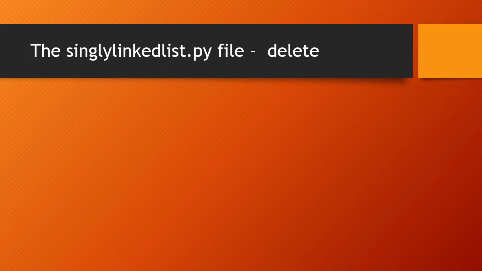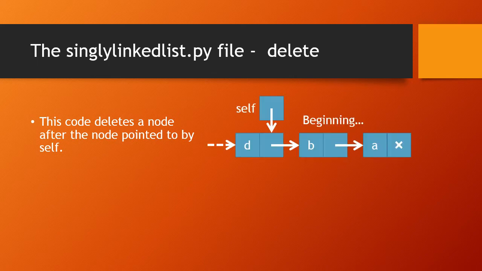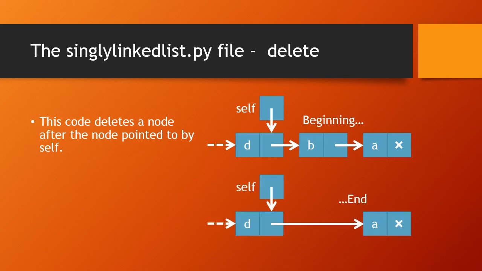In the delete function, you saw that it deletes a node after the node pointed to by self. So the pointer self was at the node containing D, and this was the beginning.